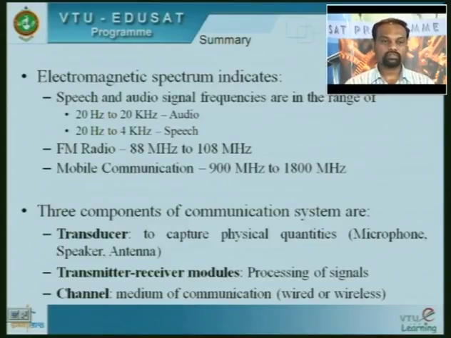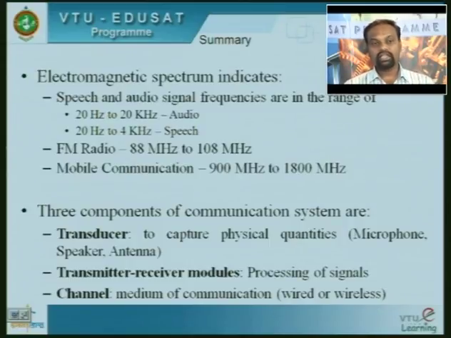Now there are three components of a communication system: the transducer, the transmitter receiver module, and the channel. The front end of any transmitter will have a transducer. We generally call it a sensor, which will capture a physical quantity and convert it into an electrical signal.